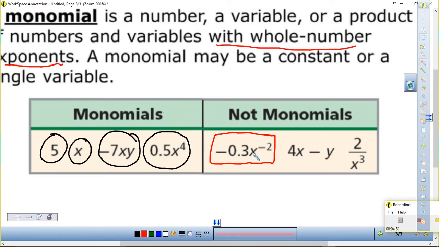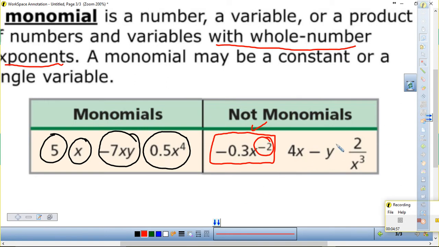So you're saying that what's not a whole number? The -2. Hands if you agree with what Colton said. That is correct. -2 is not a whole number. Whole numbers are the counting numbers. You guys remember the first week when we covered integers and all that? Counting numbers including 0. Those are whole numbers. Is that a whole number? No. Therefore, this is not a monomial.